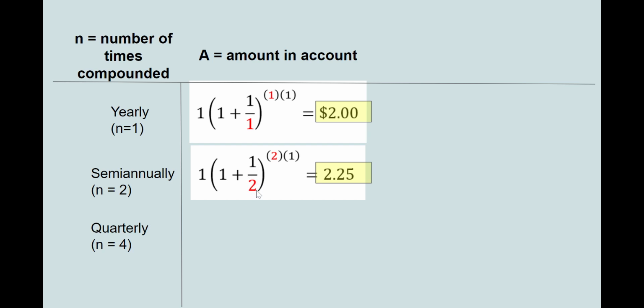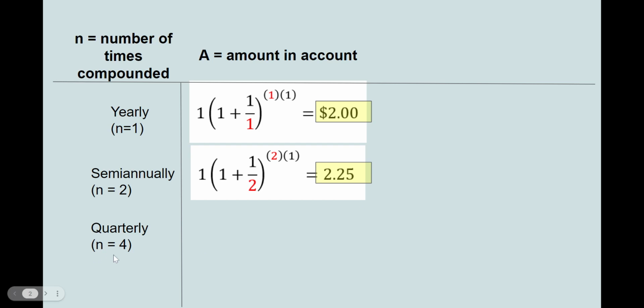And then at the end of the year, they give you your next 50%, which will be a little bit more, because when they give you that second 50%, they're actually computing it on a little bit more money than just the $1, because you will have earned a little bit of money halfway through the year with that first 50%. So you actually earn 25 cents more than you would if you only compounded one time a year.